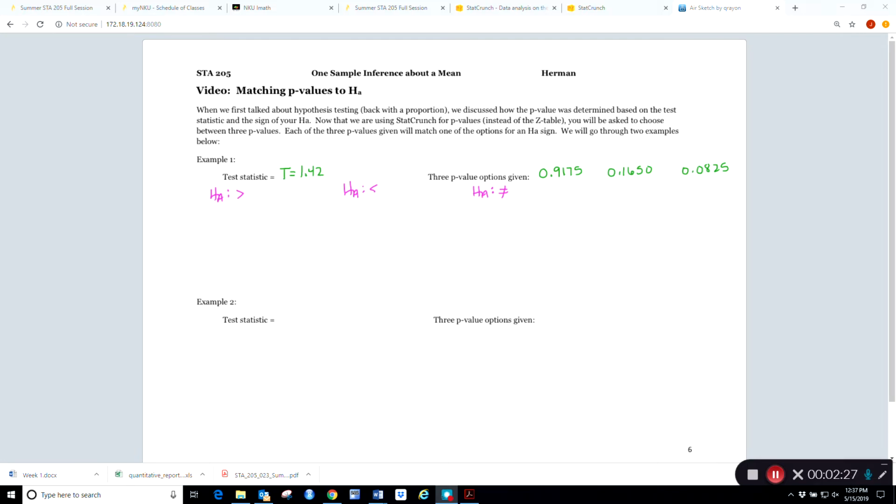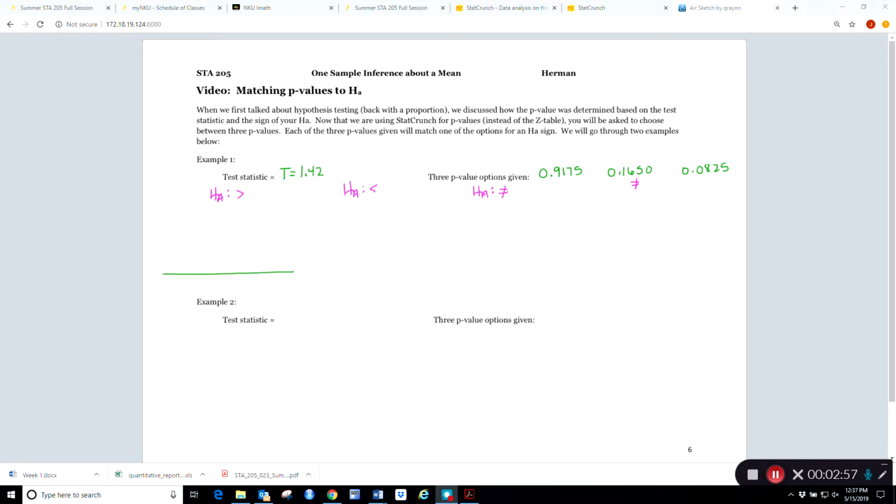One's going to be shaded left and one's going to be shaded right. The other value, which will always be double the smallest value that you have, so if you double 0.0825, you get 0.1650, will always be your two-tailed test. So I already know that this one is going to correspond to my alternative of not equal to. But let's go through it and see if it makes sense as to why.